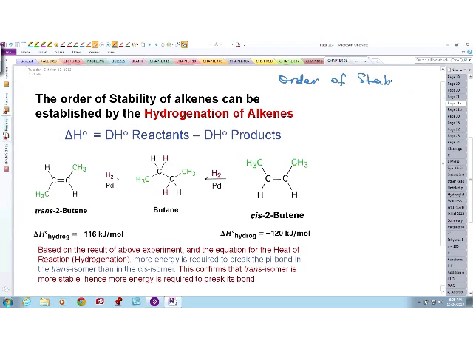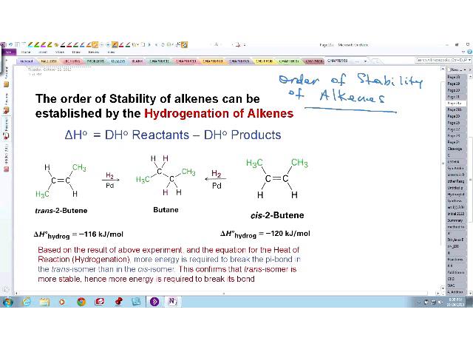Order of stability of alkenes. Now this is important because when we get to the synthesis of alkenes, we are going to be using this order of stability to determine what products are we going to form as major products.